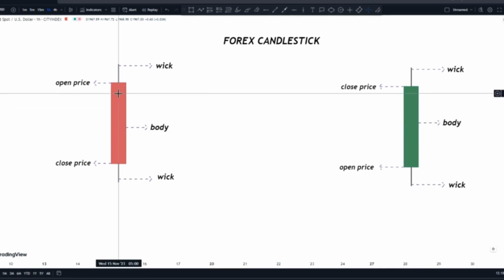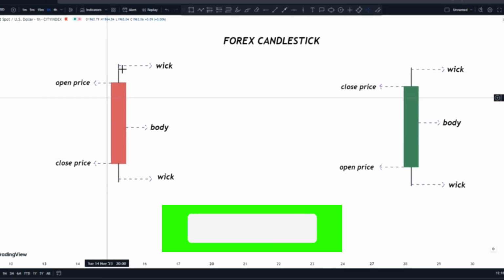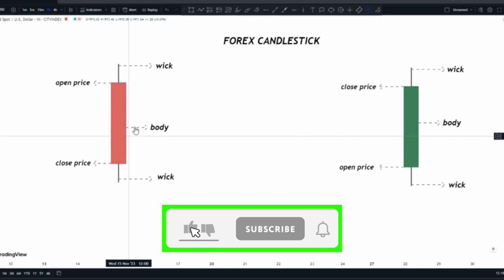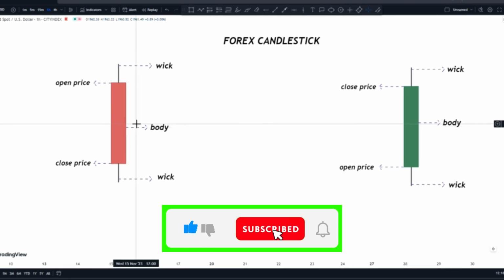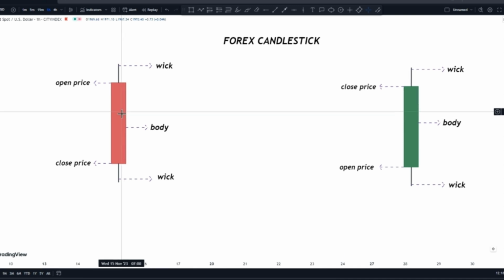Every candlestick you see on the chart has a particular time frame in which it opens and closes. If this is a 4-hour time frame we are on, it means that this one candle opened and closed within 4 hours. And if it is 5 minutes, it means it opened and closed within 5 minutes.